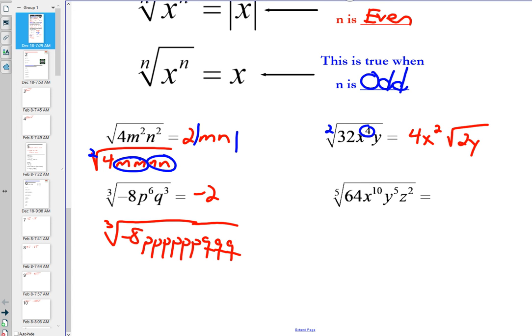But now when it comes time to circle, and hey, look, you don't have to circle. You've already learned that you're just dividing an exponent by an index. But let's say you wanted to do it this way. If I were to do circles, what groups do they have to get in order to break out of this radical? Yeah, they've got to get in triples. So how many p's can I bring out? 2. How many cubes? 1.